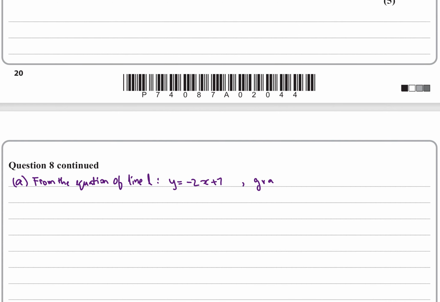We see that the gradient is equal to -2. This is the fact we need to keep in mind, so I've just put a rectangle around it.